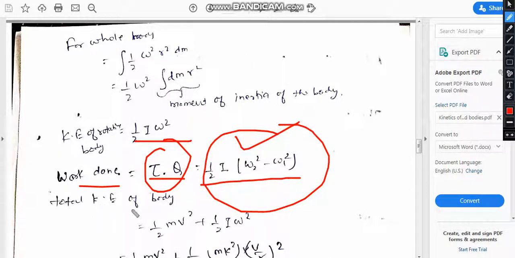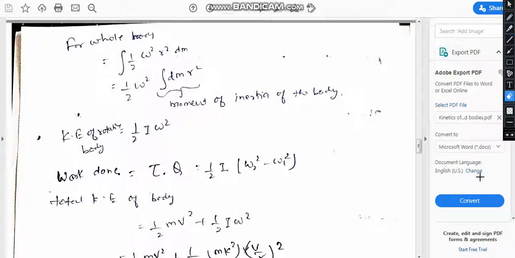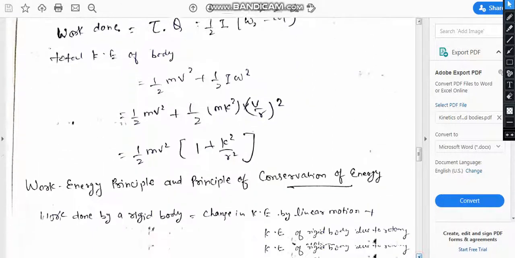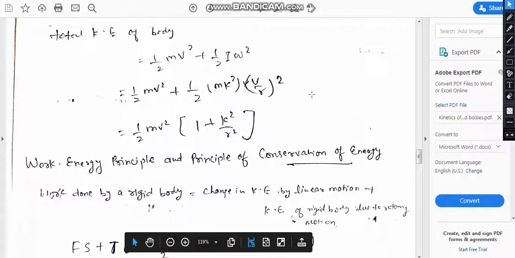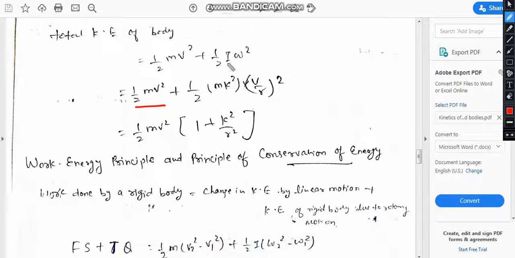So the total kinetic energy of the body is half mv square plus half I omega square. By using this equation we can find the value this way: half mv square is the linear kinetic energy, and I is equal to m k square, where k is the radius of gyration, and the total moment of inertia of the body about its CG.